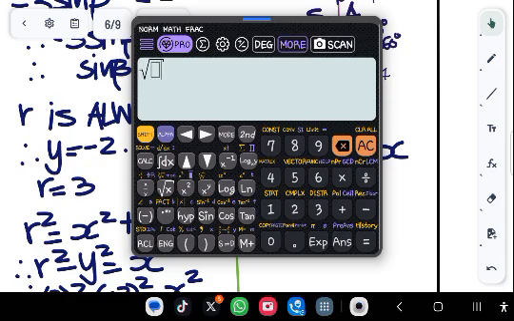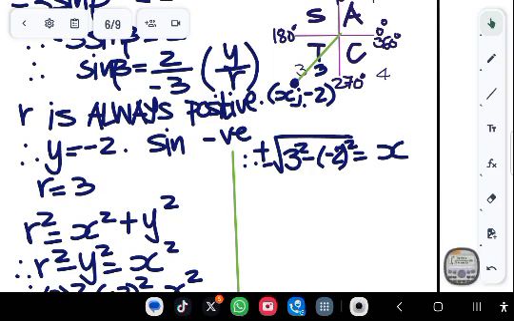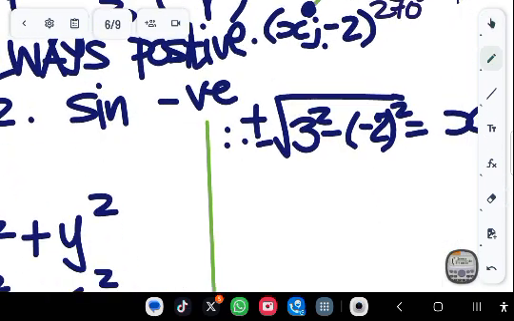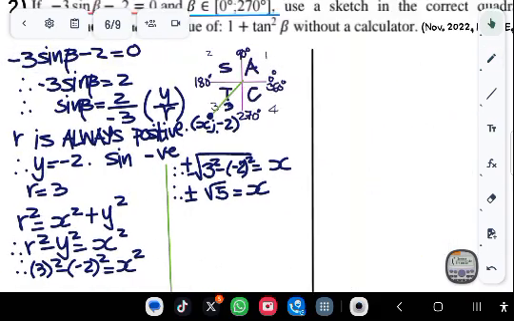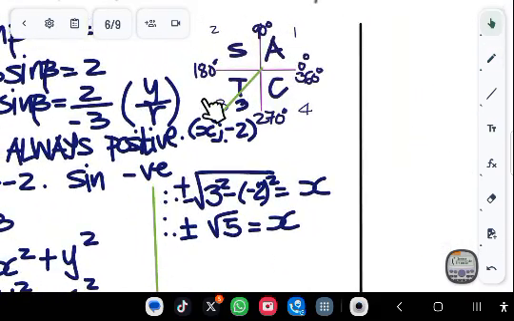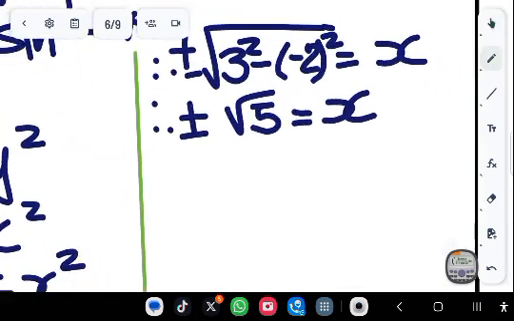So let's find the square root of 3 squared minus negative 2 all squared, and that gives us the square root of 5 there. So that is plus or minus the square root of 5. Therefore, plus or minus the square root of 5 is x. Now, x in quadrant 3 is on the negative. Therefore, the correct value of x is the negative square root of 5.